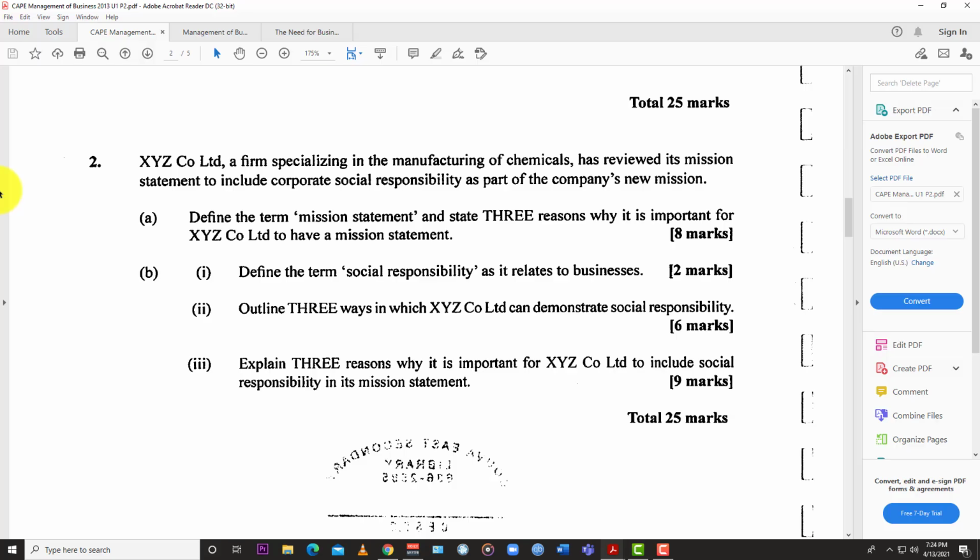And three, we said it can help with the marketing effort, where you can use that mission statement proudly, and you can gain more business because people want to do more business with you because they see you as a nice, good corporate citizen. You're a company that is socially responsible, and so they want to link with you.